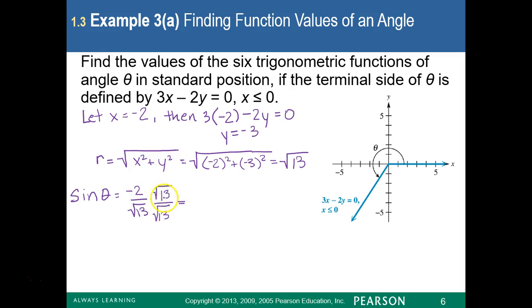Whenever you multiply across now, you get negative 2 square root of 13 over, and then the square root of 13 times the square root of 13 is the square root of 169, which is just 13. So it basically gets rid of the square root for you. So now you don't have a radical in the denominator, and this right here is the correct form to write that in. Okay, so now let's do cosine.